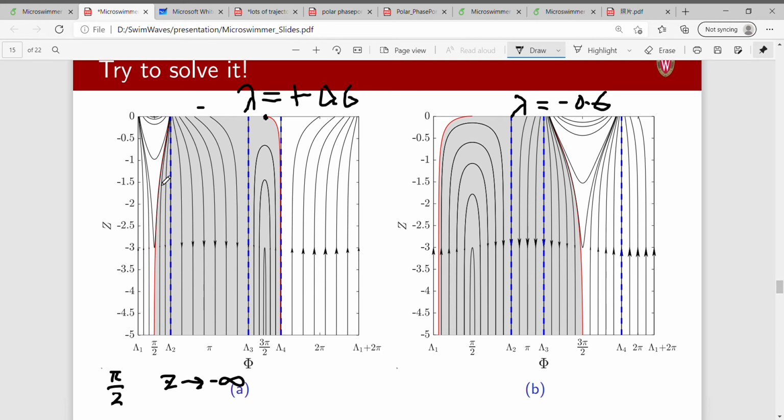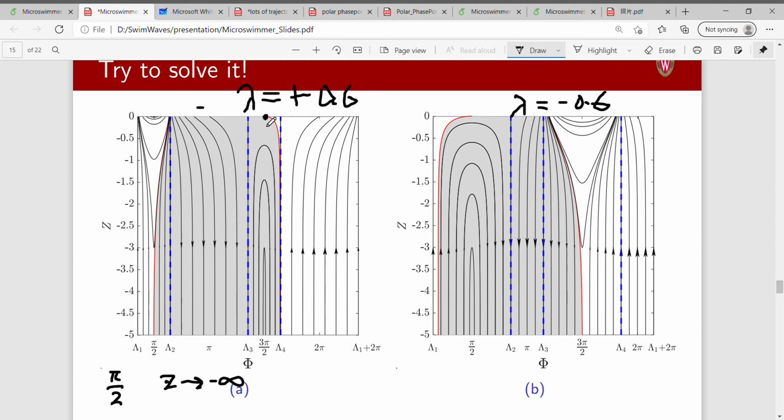So this red curve should go through pi over 2 comma minus infinity. Okay, and this separatrix at the right hand side should go through this point, 3 pi over 2 and 0. Okay, and this is also the case.